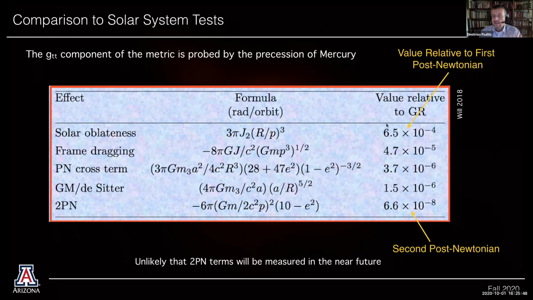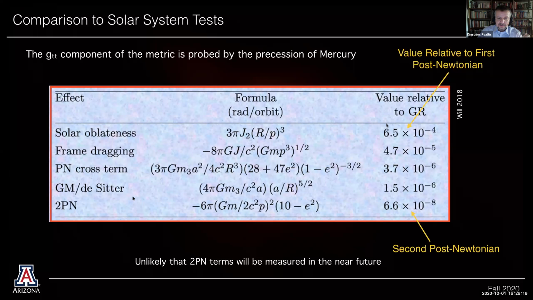There is no way to compare what we've done with, for example, the solar eclipse measurements or the Shapiro delay measurements, because those measure something completely orthogonal. So what happens to Mercury? Well, if you have better and better data, you need to correct for a number of other effects: classical precession because of solar oblateness, the frame dragging that I talked to you about, a post-Newtonian cross term, and something that's called the de Sitter precession.